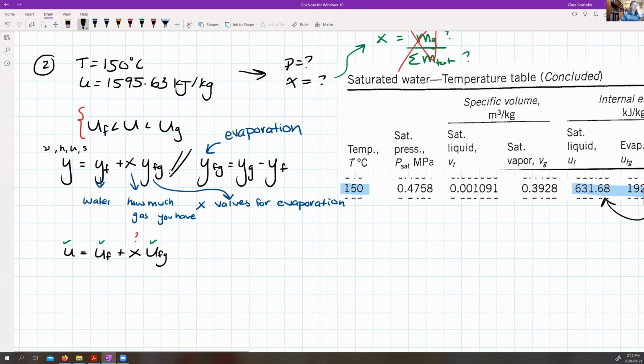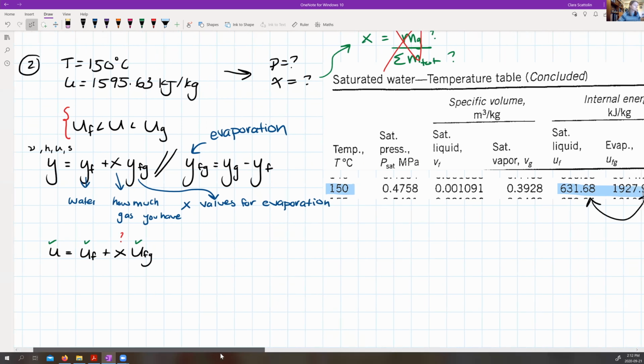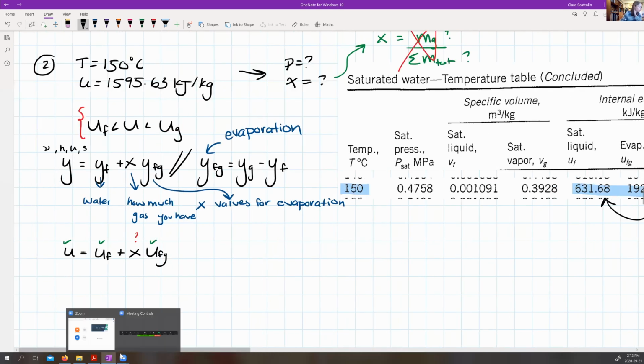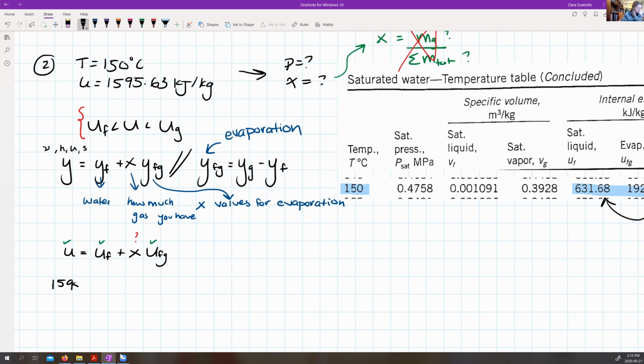If you scroll here, can I scroll enough to include it in the frame? Okay, I'll have to scroll back, but you can see the numbers here. I have my UF of 613.68 and my UFG of 1,927. So if I do the math here, U is given, UF I got out of the table, X is my unknown, and UFG again was taken out of the table, which will give me a value of X of 0.5.